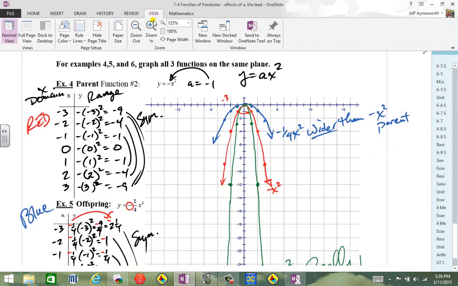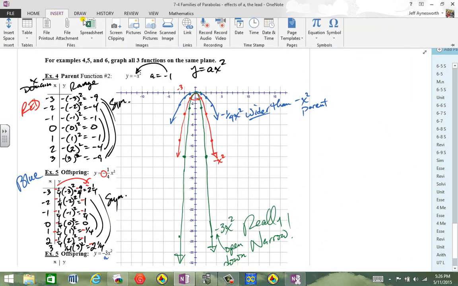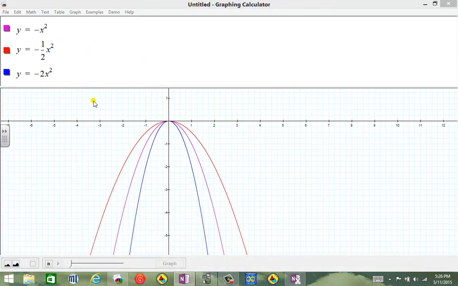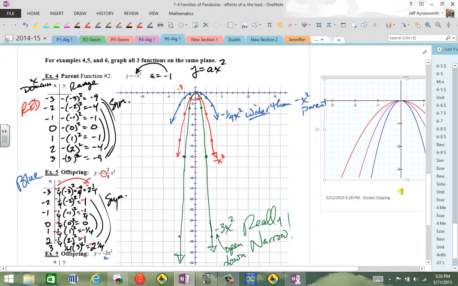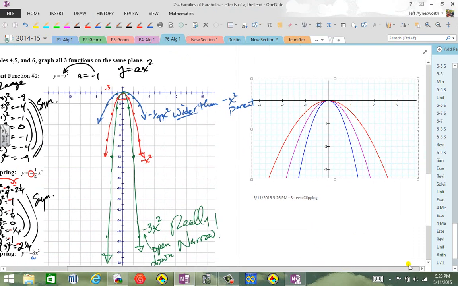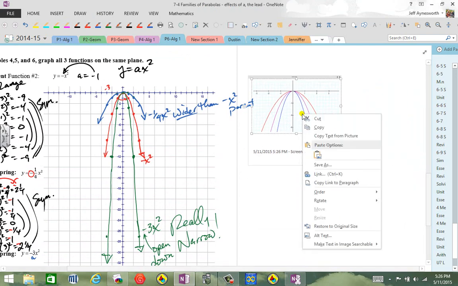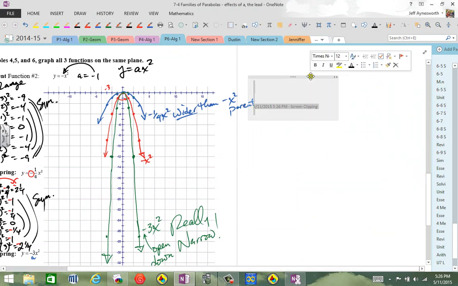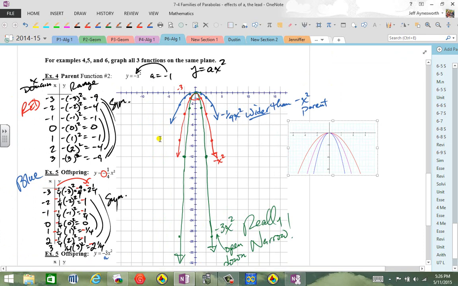So check this out. Look at that. I got this graph right here, and you can tell that it got wider.